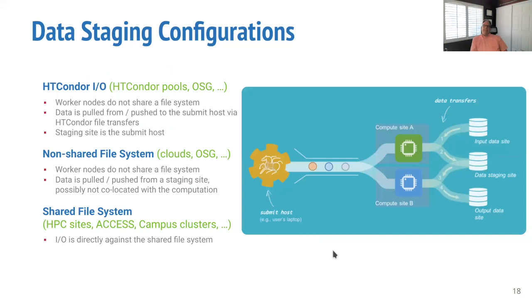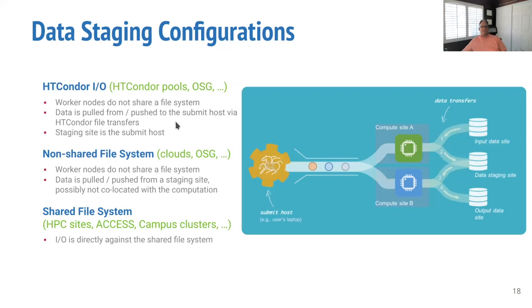There are also different data staging configurations, and in OSG, we're doing the first two here. So we can run the workflow in what we call the Condor IO mode. This means that it's just like your jobs when you do file transfer of input files and output files. It's really easy to set up, right? There are no credentials. Condor takes care of all that stuff.